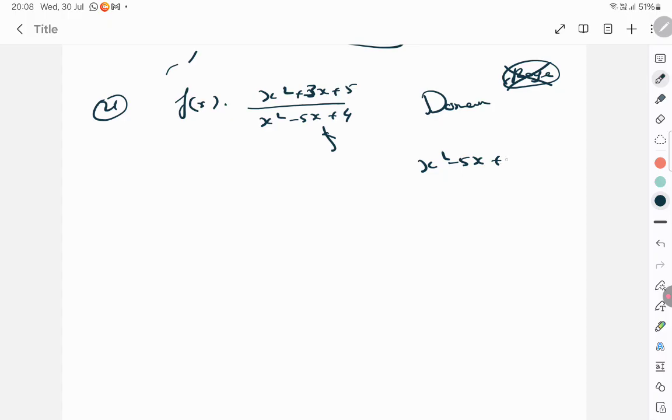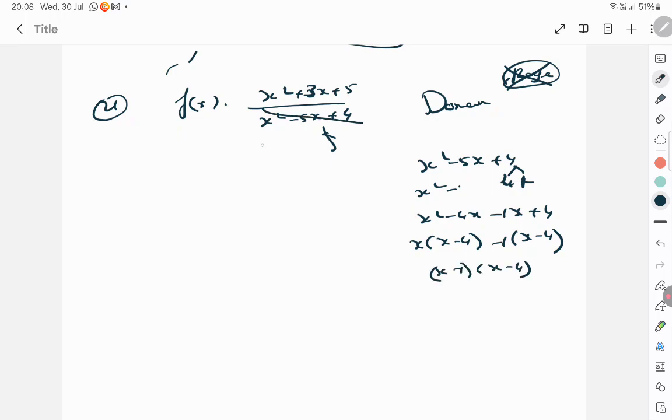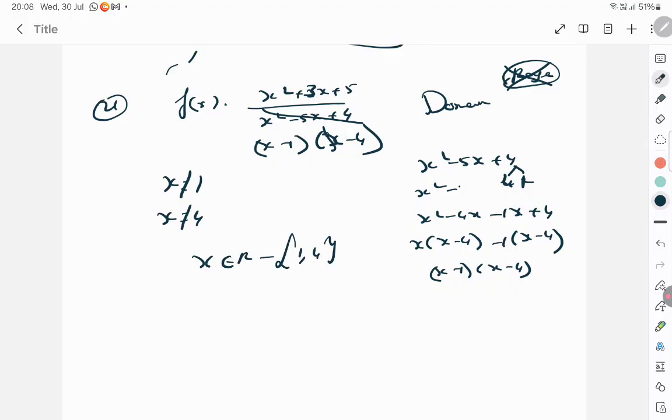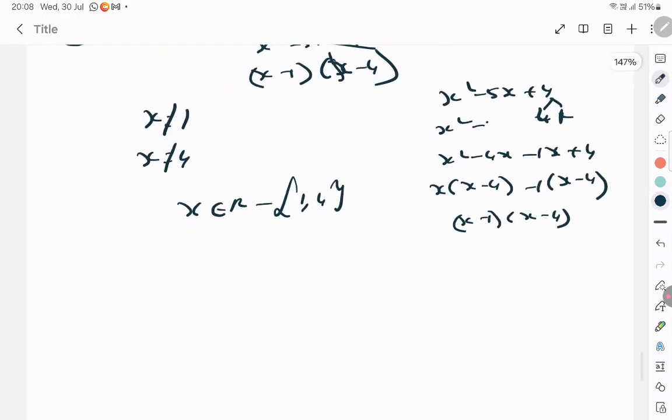X square minus 5x plus 4: x square minus 4x minus 1x plus 4, which is x into x minus 4 minus 1 into x minus 4, which is x minus 1 into x minus 4. The denominator cannot be equal to 0, so x cannot be 1 and x cannot be 4. So x can take all real numbers other than 1 and 4. That's how you define your domain. Luckily they didn't ask me for a range, so no problem.